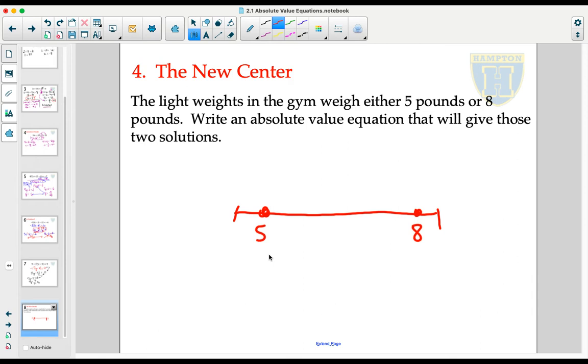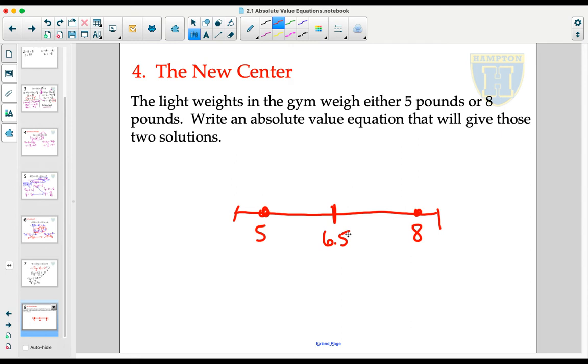So I need to adjust for the fact that my center is no longer at 0. In order to do that, I need to figure out where my new center is. And my new center is right in the middle of those two solutions. A little bit of careful arithmetic, a little bit of finding averages, a little bit of thought. You get that the center of those 2 points is 6.5.